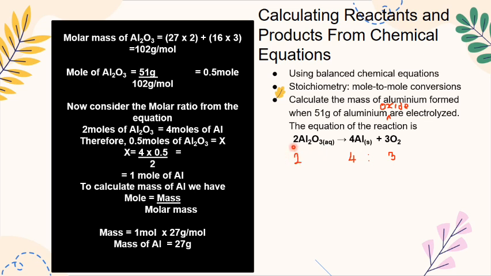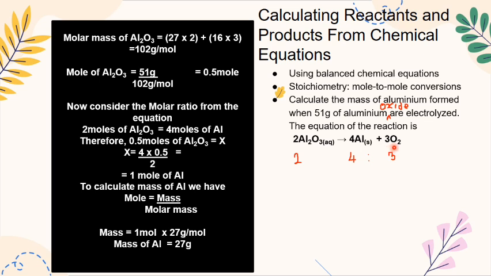Whatever value you have as a coefficient, like these 2 you have here, represents the mole of this aluminium oxide. Then these 4 we have here represent the mole of the aluminium. This 3 we have here represents the mole of the oxygen.